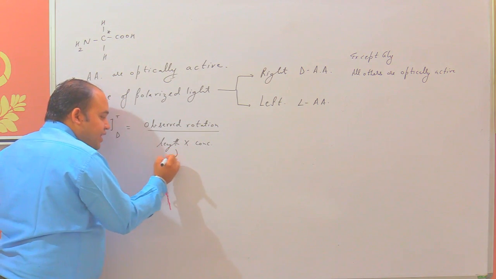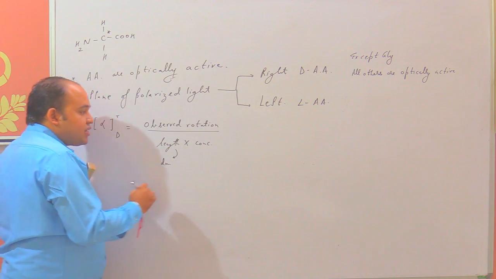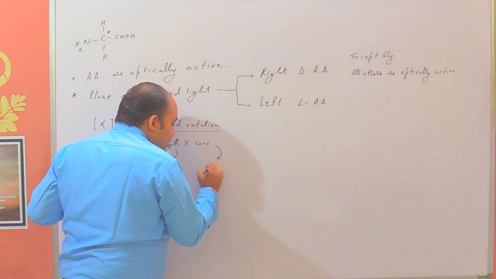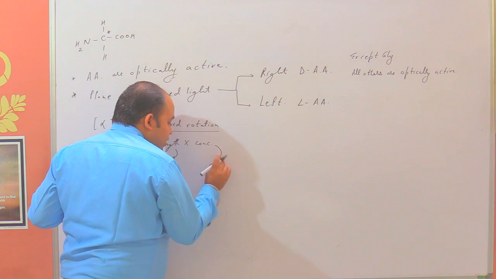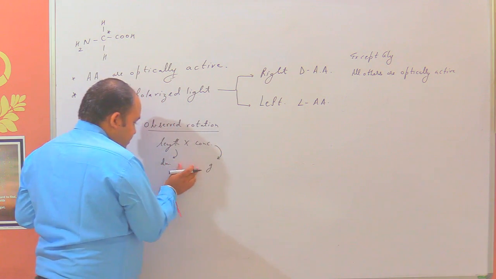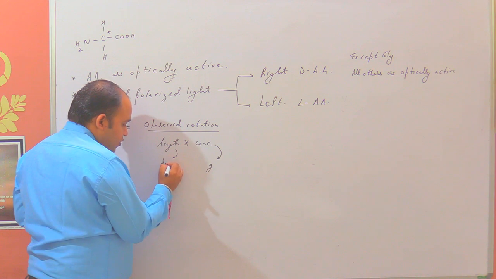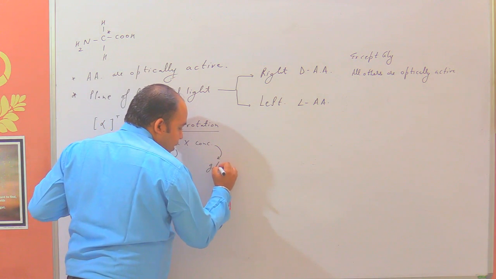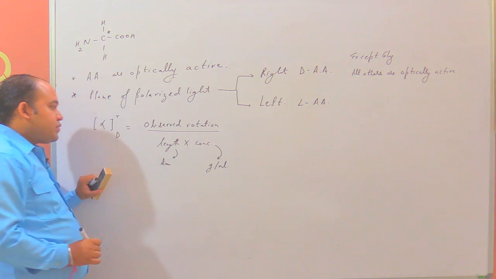The length is taken in decimeters and the concentration is measured in grams per ml.